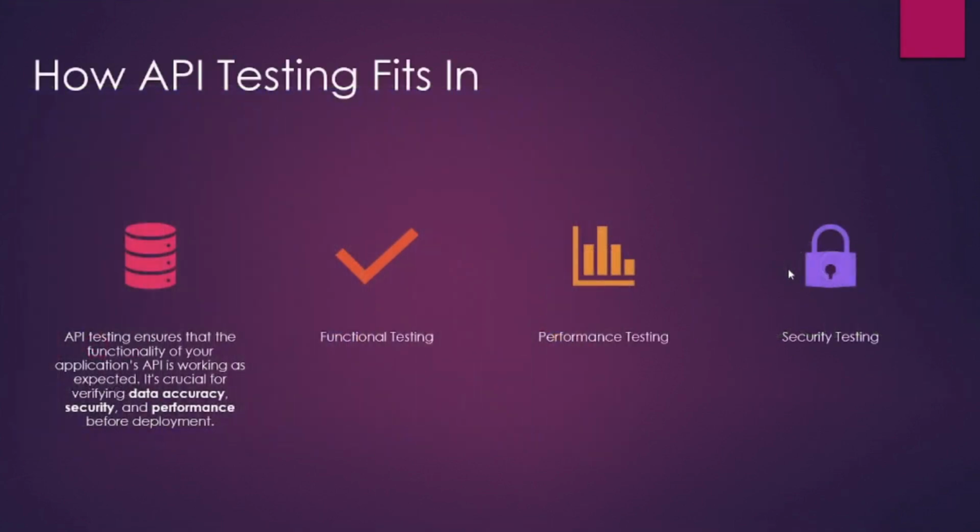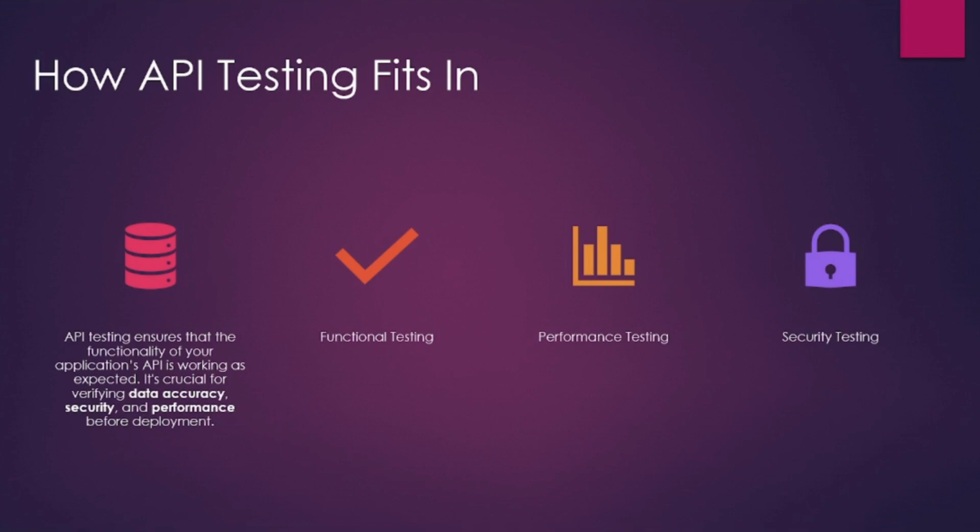So next comes where API testing fits in. API testing ensures that the functionality of your application's API is working as expected. It's crucial for verifying data accuracy, security, and performance before the deployment.